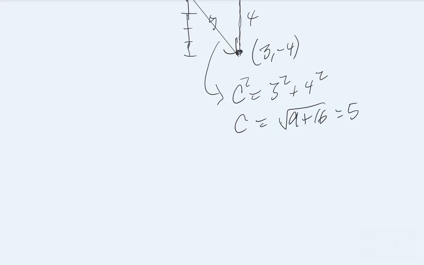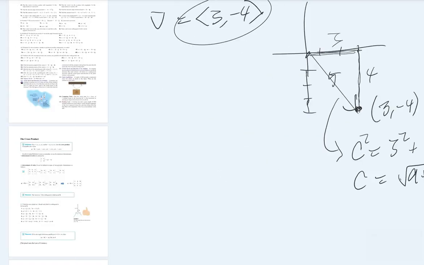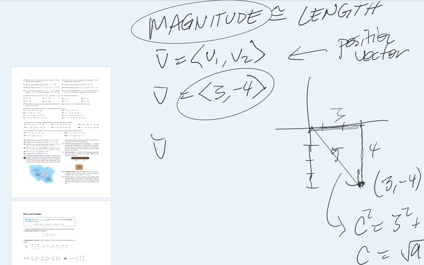So the way we write that for this problem is that the magnitude of v, we're going to use absolute value bars, 2 of them for vectors, and that would be 5. Now the reason why we use absolute value bars, they kind of look like absolute value bars, but they're double, is because the absolute value is the distance from the origin.